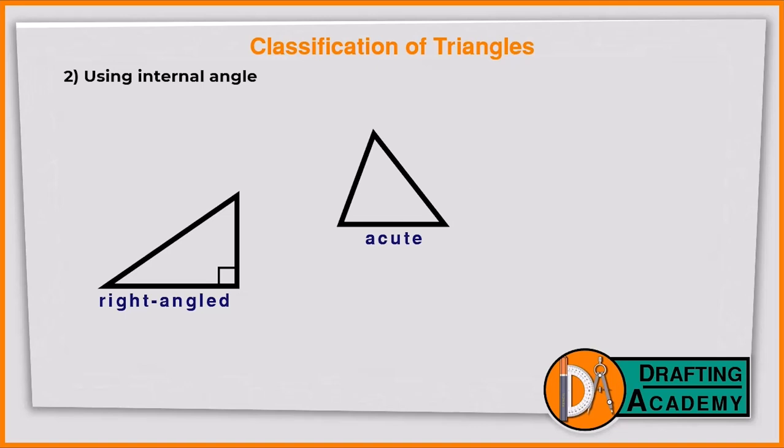However, in some cases, it would be better to just call this triangle a right-angled triangle rather than a scalene triangle. What makes it right-angled, you may ask? The fact that this triangle has got a 90 degrees angle as one of its internal angles, this is why it's being referred to as right-angled. So the term right-angled simply means we have an internal angle that is equal to 90 degrees. And that angle is shown by this small square here.